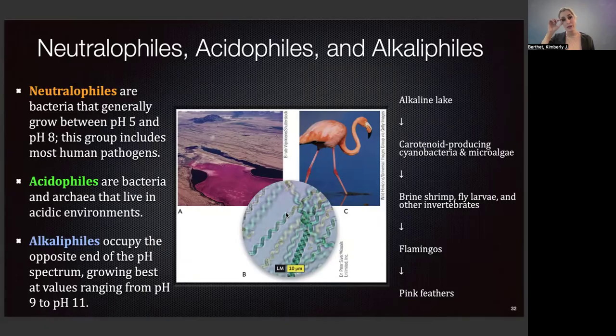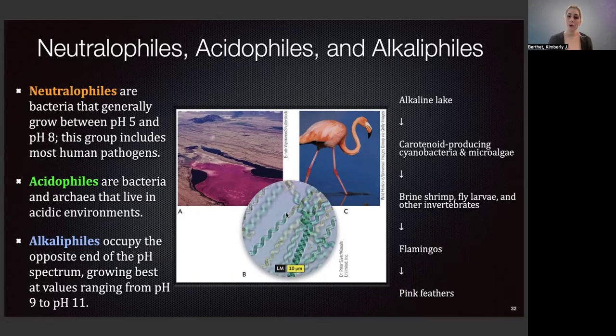A unique situation that you may have heard of before is with flamingos and pigmentation. Flamingos live in very alkaline environments. This alkaline environment allows for the growth of algae and other microorganisms that produce carotenoids, which are pigmented, kind of an orange pigmentation.